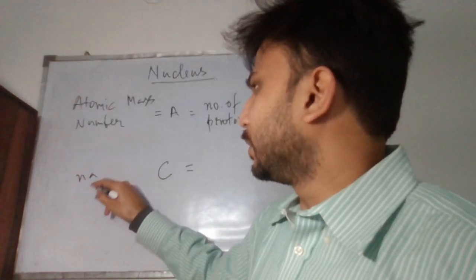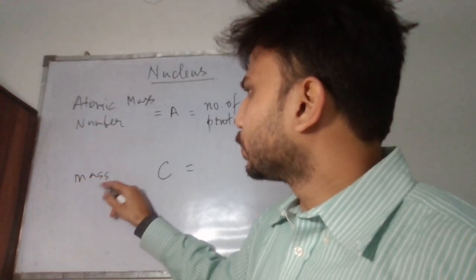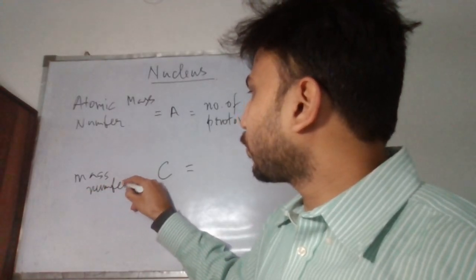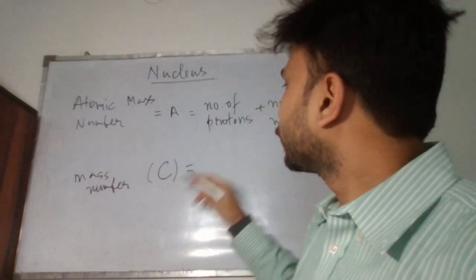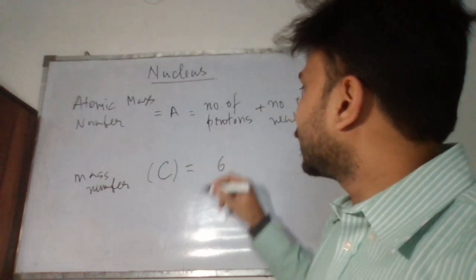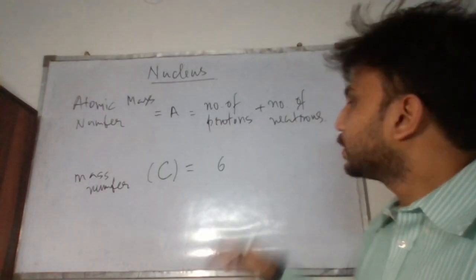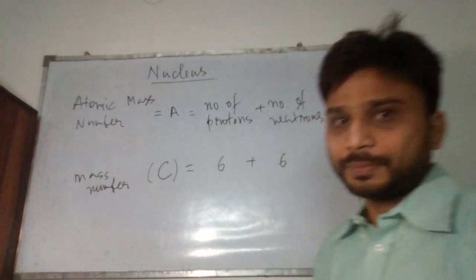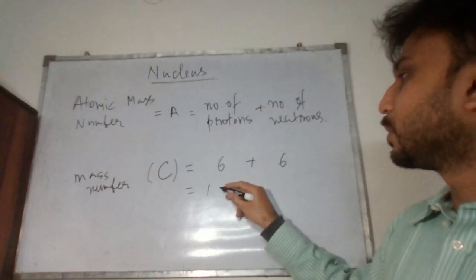We will say mass number is equal to 6, that is number of protons, plus 6, number of neutrons, that is 12.